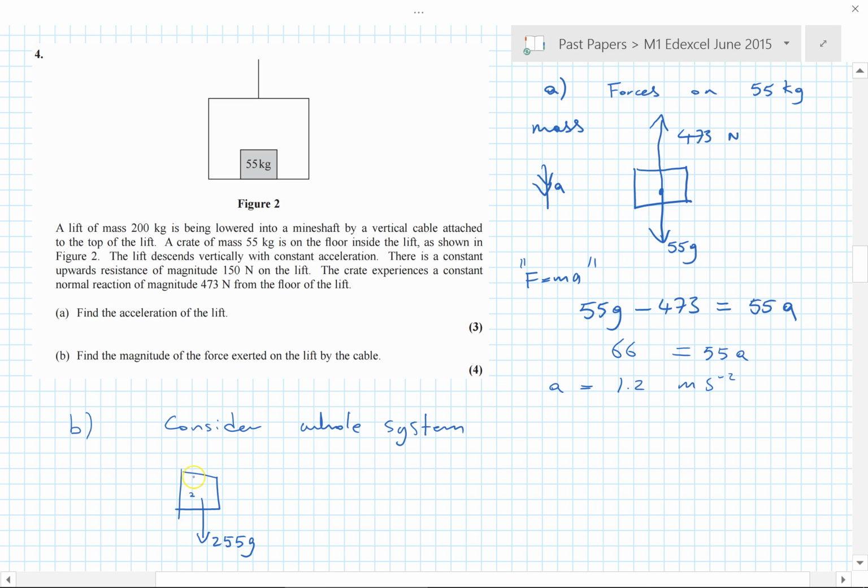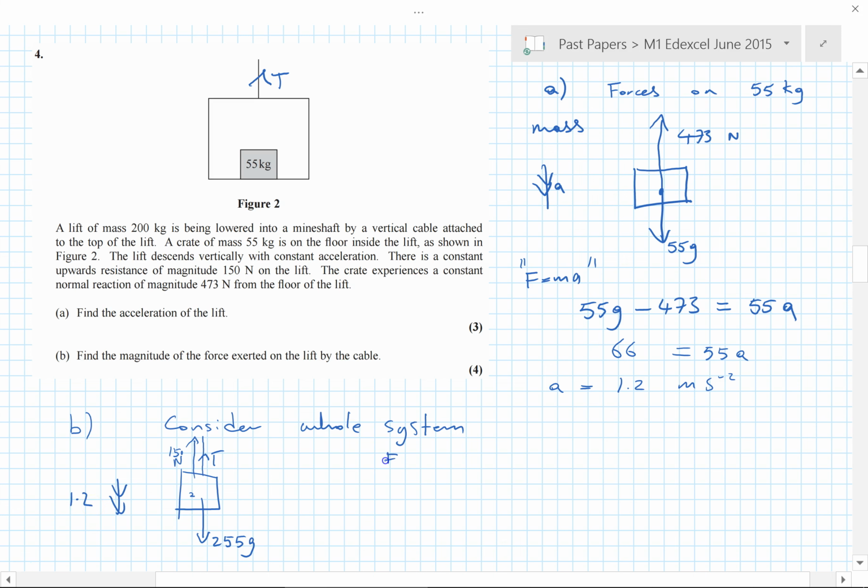So that's going to be pushing upwards. But of course we've got to count that we're going to have something making this thing not fall. So we've got our tension in the cable that's up there. So we've got two forces going upwards and one going downwards, and it's accelerating downwards. Now we know it's 1.2.